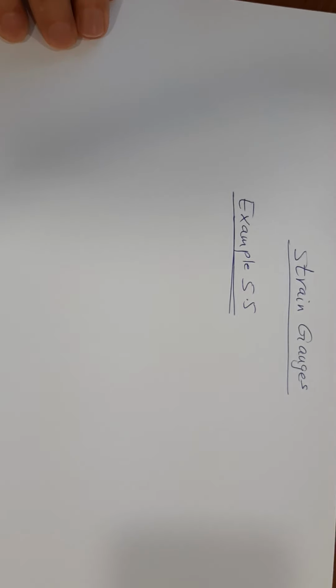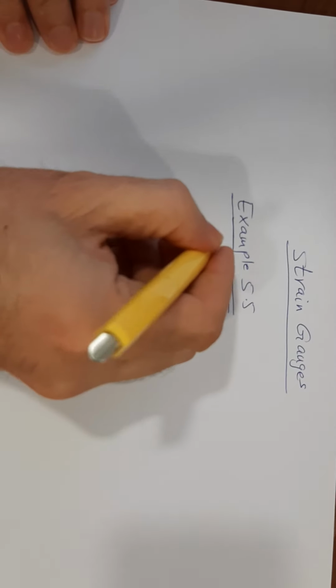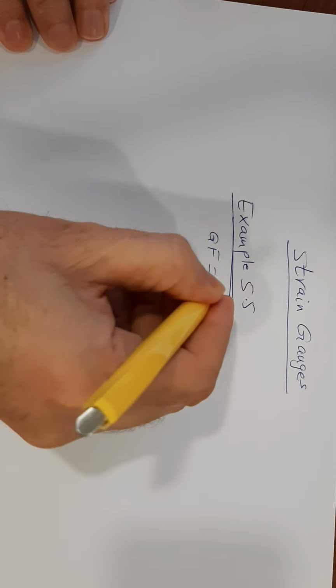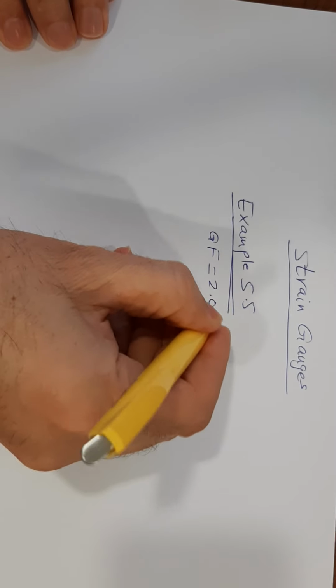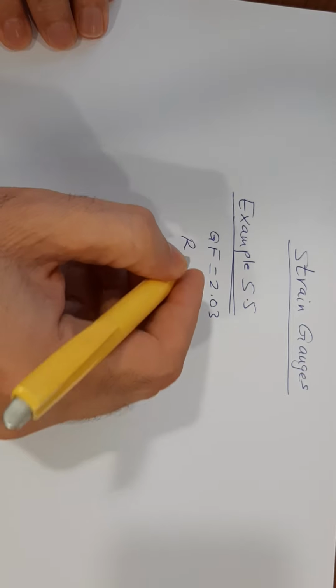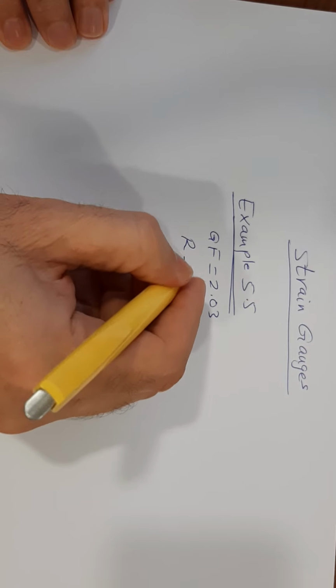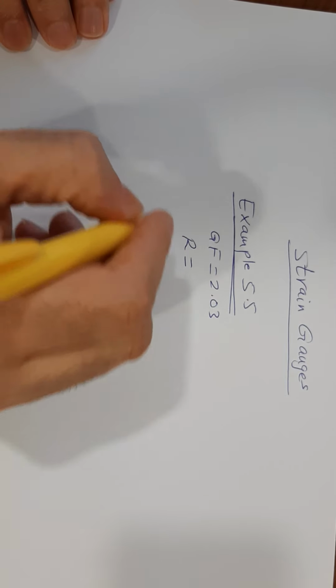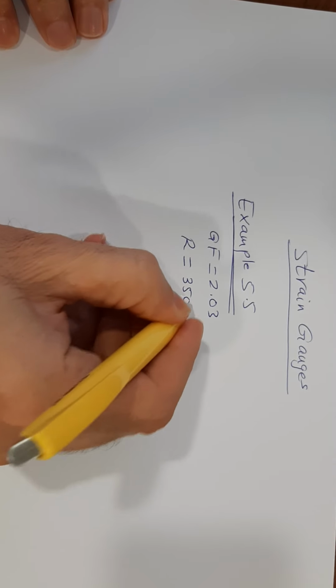Okay, so what is given in this example? The gauge factor, which is 2.03, the nominal resistance of the strain gauge and the resistances used in the Wheatstone bridge is equal to 350 ohms.